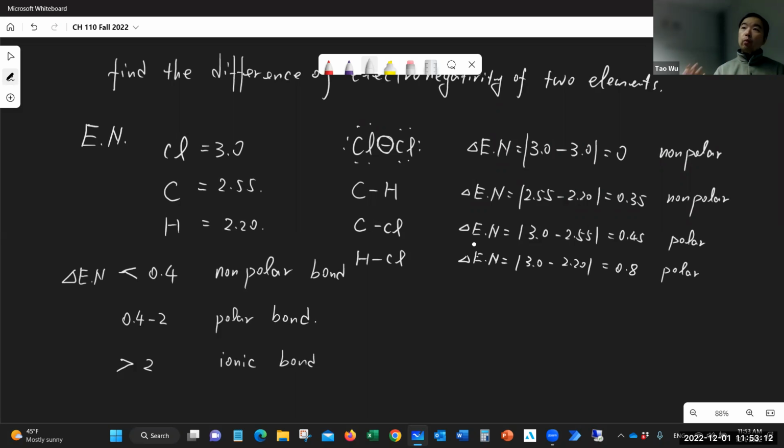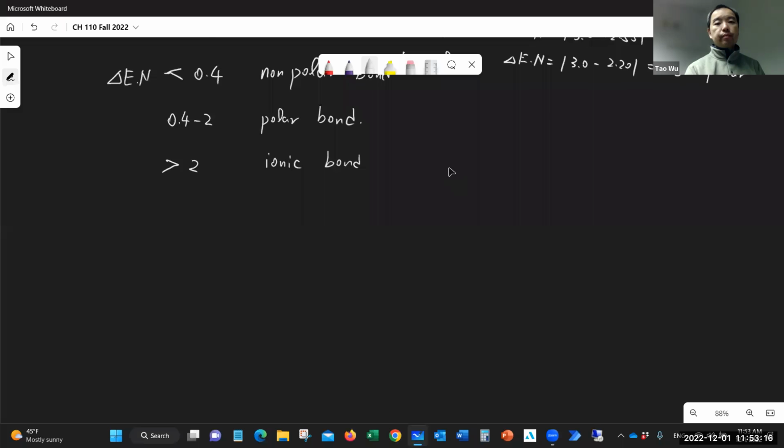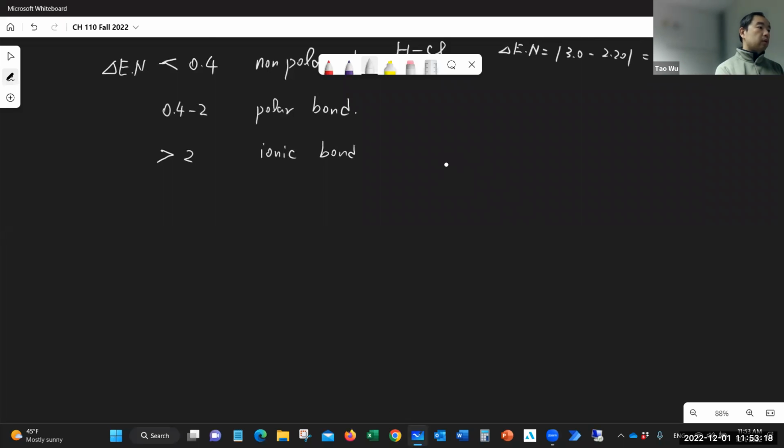There's another way to test, which is making a comparison. For example, we have a carbon chlorine bond and a carbon fluorine bond. Based on the definition, which bond is more polar?